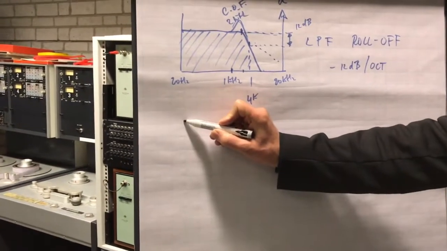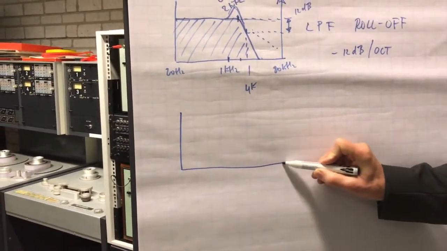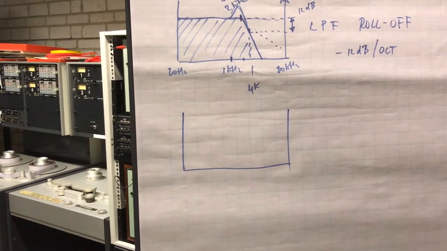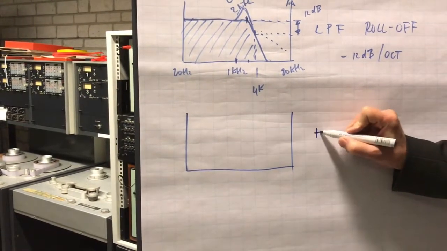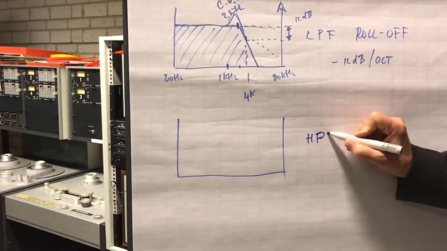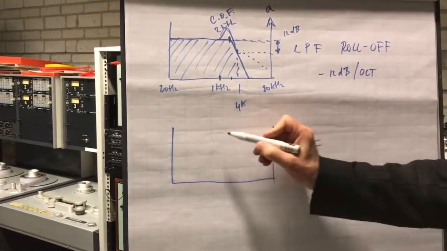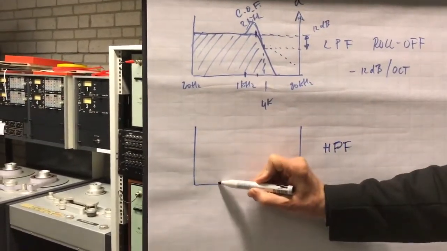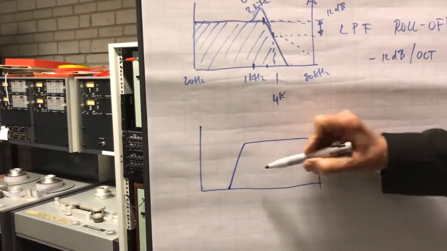The next filter that I'm going to describe is the opposite of a low pass filter, and it is a high pass filter. So instead of this, it's now this.